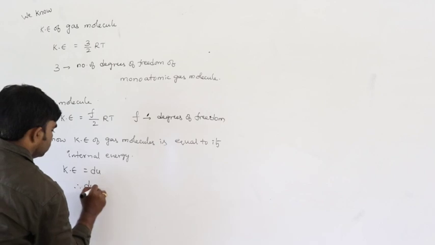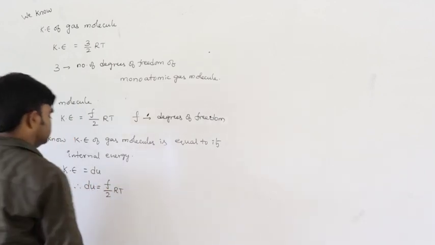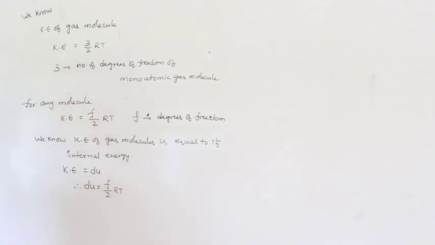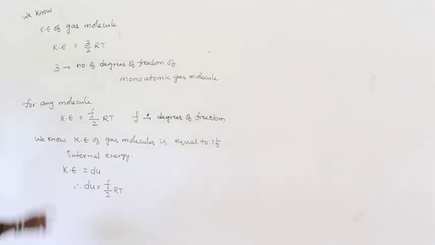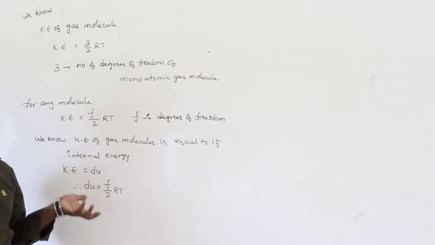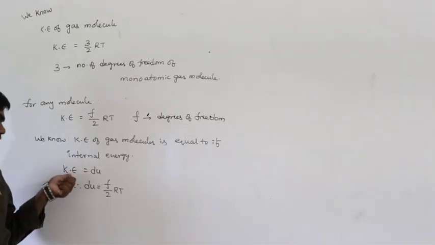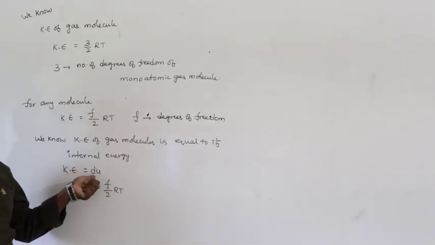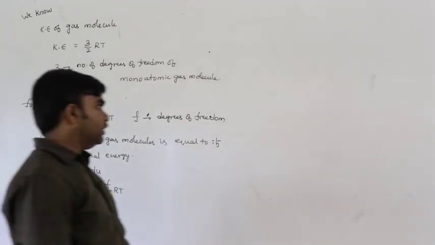Therefore dU is equal to F by 2 RT. While discussing the internal energy of the system, you know that the internal energy of the gas molecules is nothing but its kinetic energy only. That is why I am writing kinetic energy equals dU. So dU is equal to F by 2 RT.